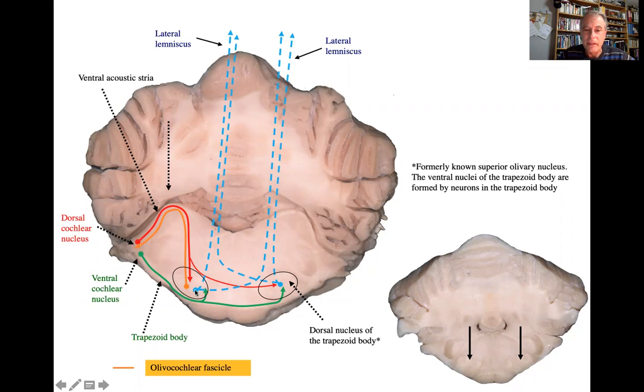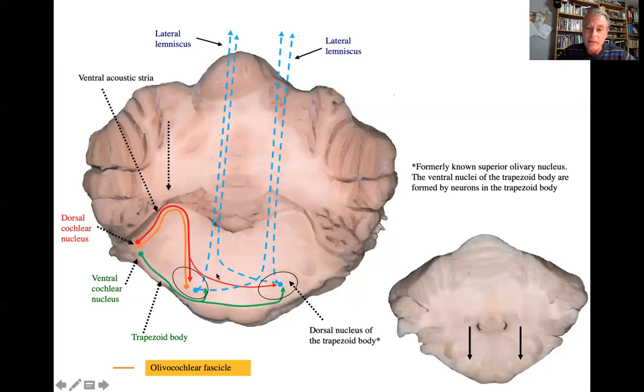And from there, some fibers, they go up, or ipsilateral or contralaterally in the lateral lemniscus in order to reach the caudal colliculus. Other fibers from the ventral cochlear nucleus form the trapezoid body, and the ventral nuclei of the trapezoid body are scattered among the trapezoid body. These fibers, they enter the ipsilateral and contralateral nuclei, the dorsal nuclei of the trapezoid body. And again, these nuclei project through the lateral lemniscus to the caudal colliculus.